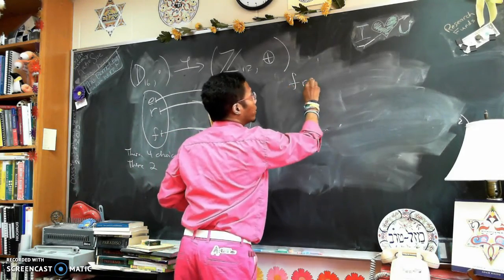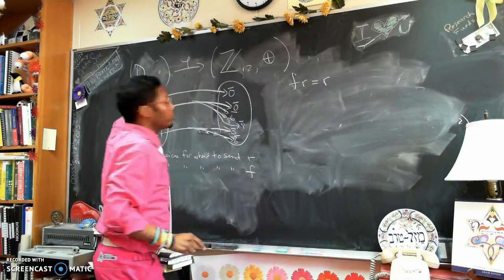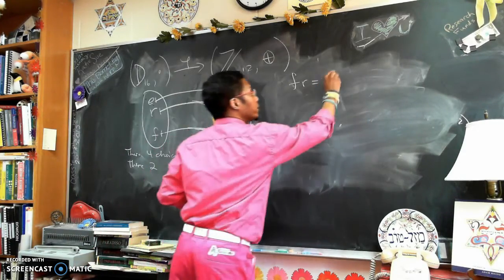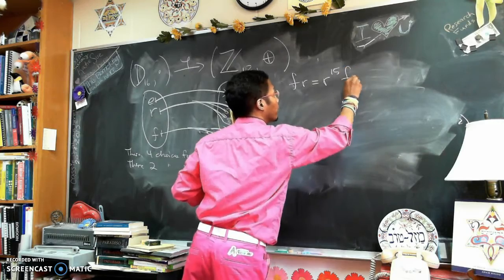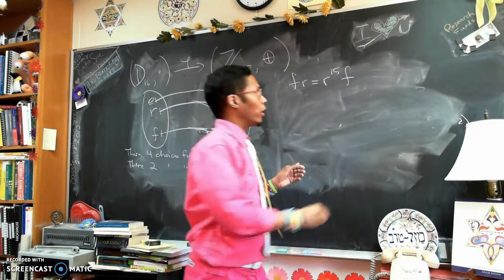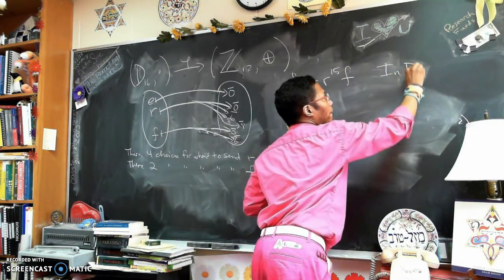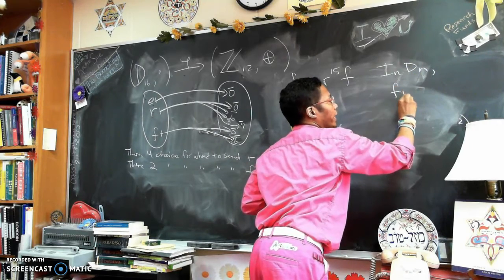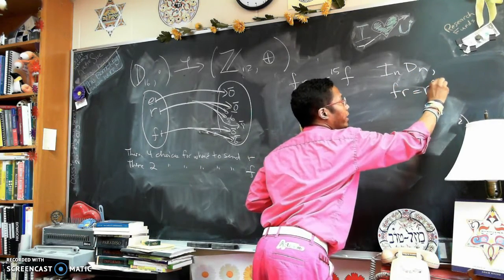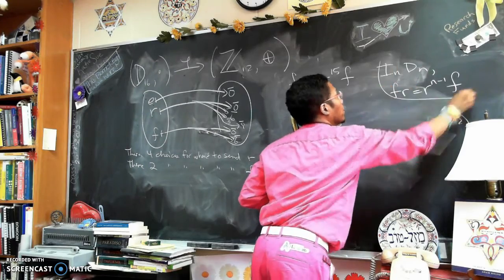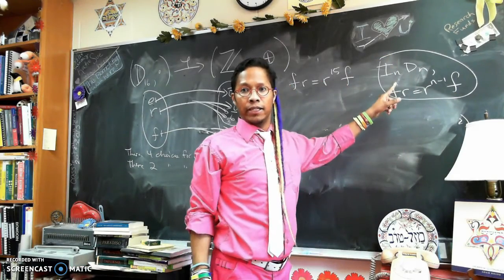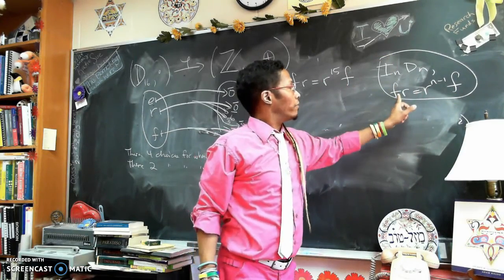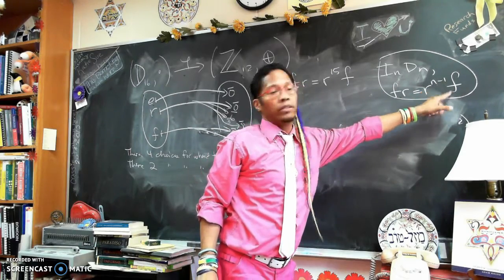Remember, F times R equals R to the power n minus 1 times F. This is a general result in Dn. And since n is 16, we have FR equals R to the 15th F.